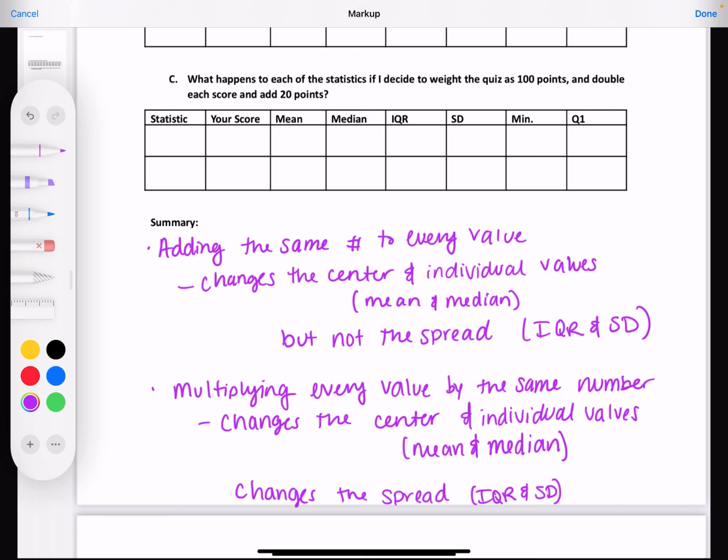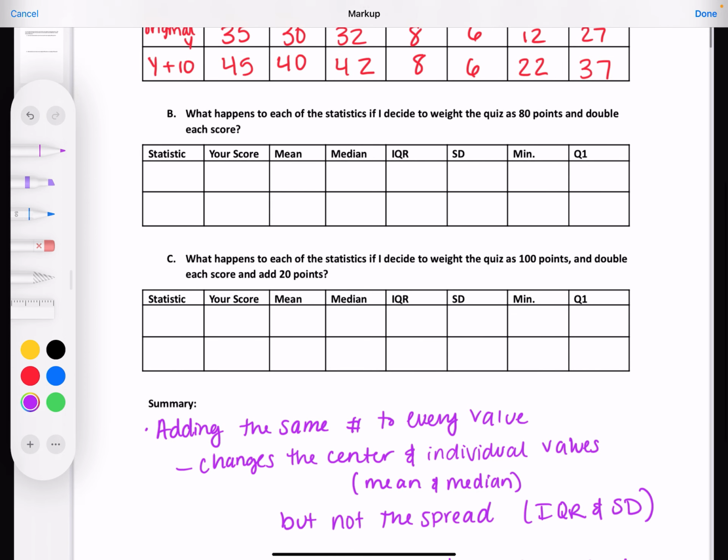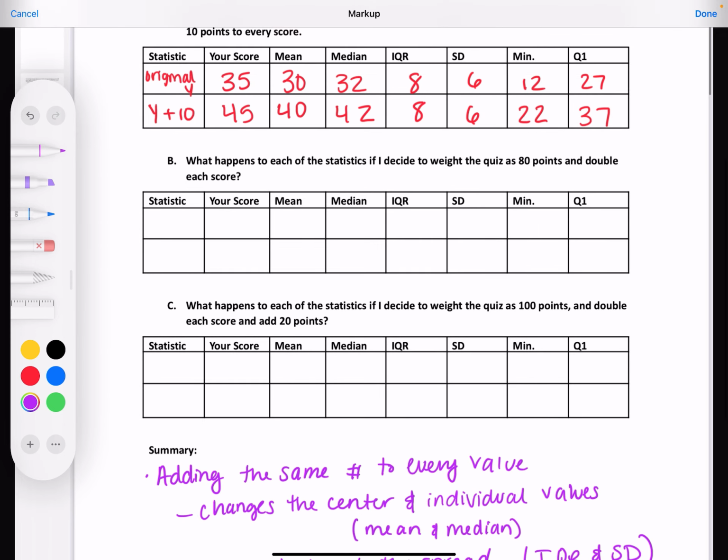If both things occur in the same one, because that's what we're going to see in this one, if you have multiplication and addition, you're going to do the multiplication first, then the addition. So just like PEMDAS, like you would normally do. So what happens to each of the statistics if I decide to weight the quizzes as 80 points and double each score?